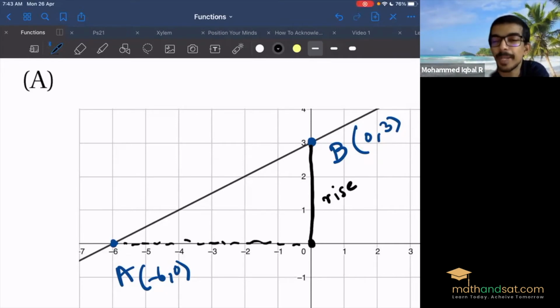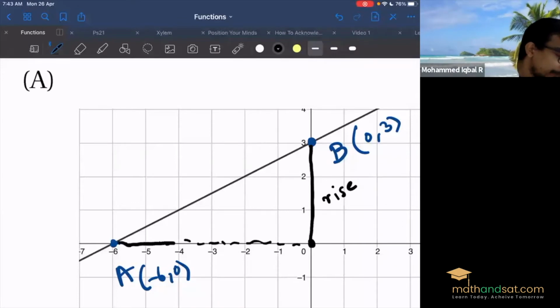When you're going from A to B, what is the horizontal change? It's 6. This is the run.